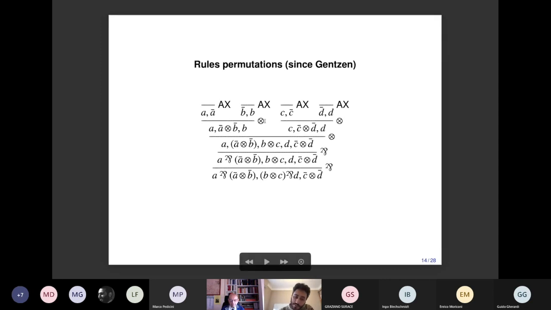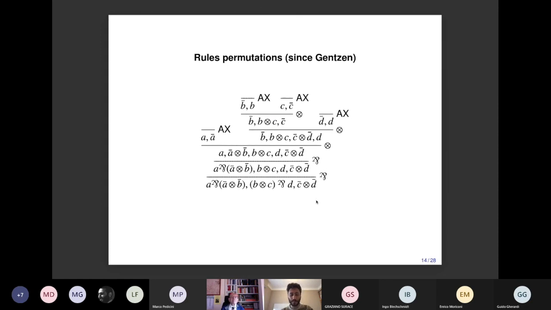And we can continue, because this rule can also be swapped with this one. In fact, this will only make these two interact, while this rule makes the B here interact with the C in the other branch. So we can swap them, and we can still consider this the same proof.